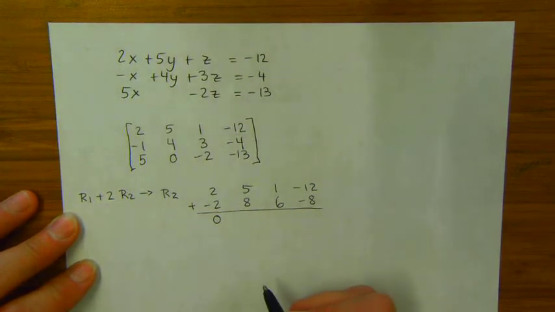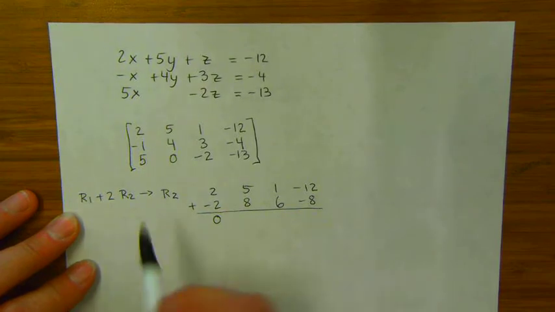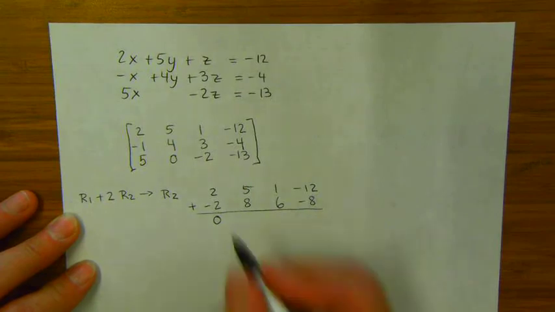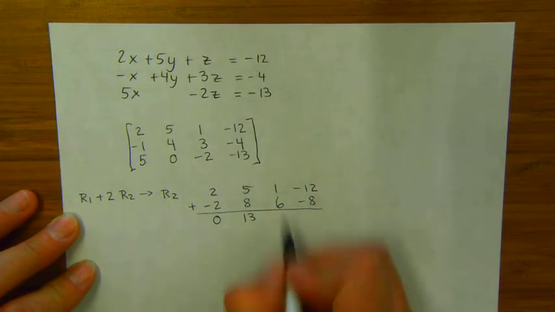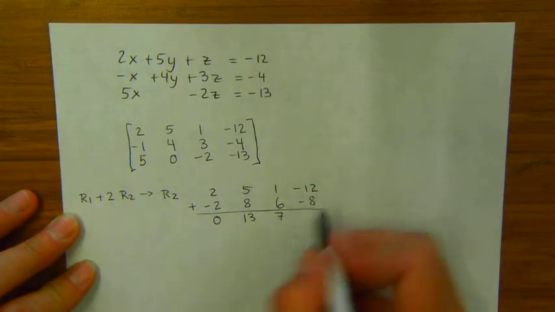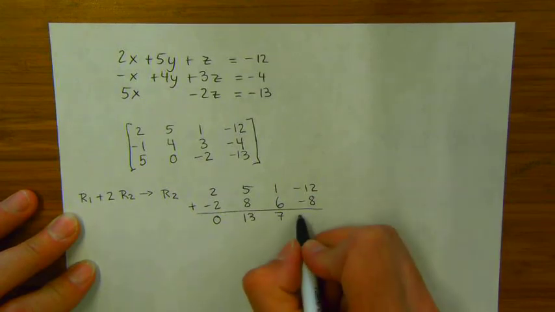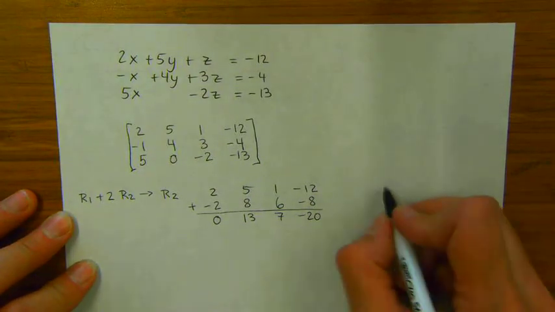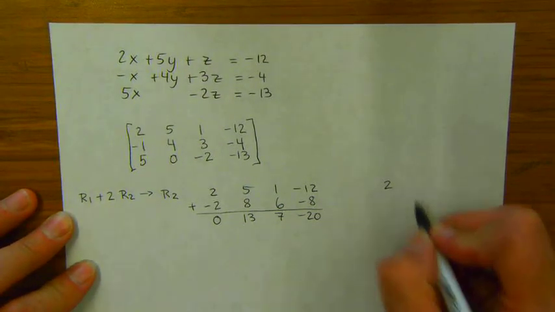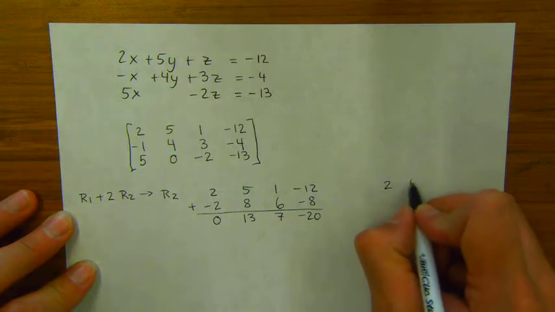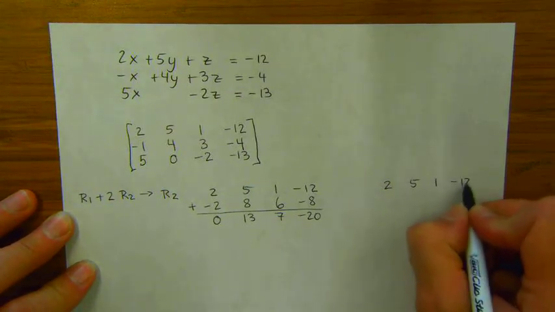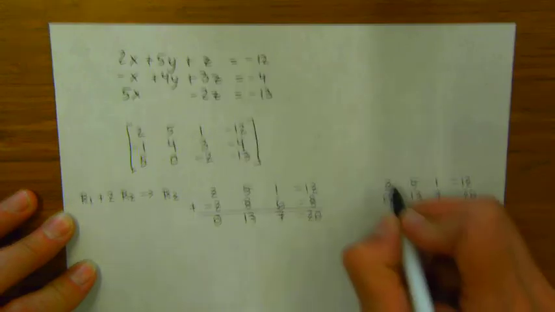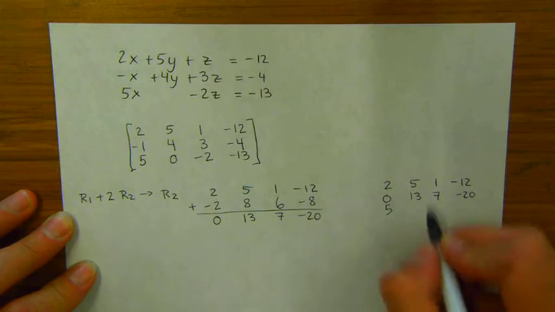That's why I've chosen to multiply my row 2 by 2, in order to eliminate the x. 5 plus 8 is 13, 1 plus 6 is 7, negative 12 minus 8 is negative 20. So now I have my new matrix: 2, 5, 1, negative 12, and then I have 0, 13, 7, negative 20. And my third row is untouched so far.